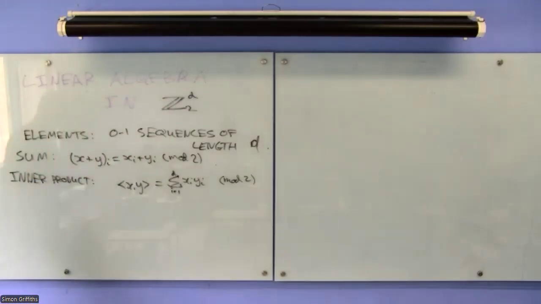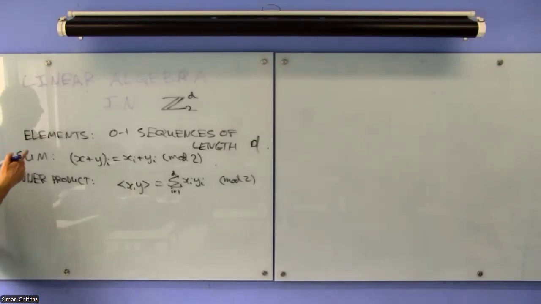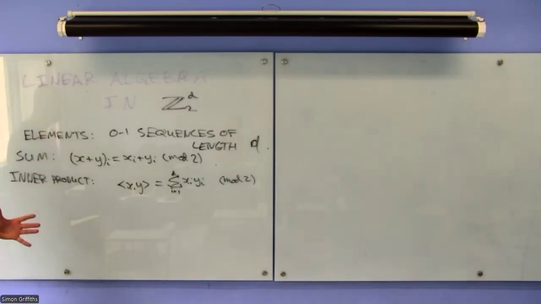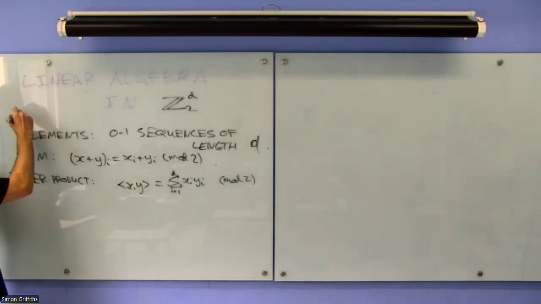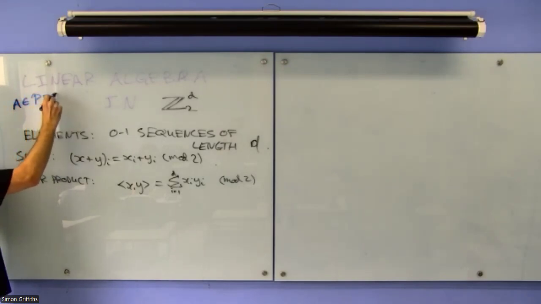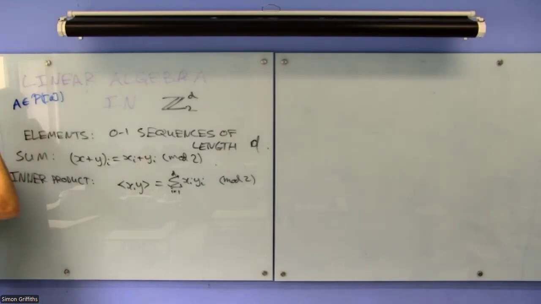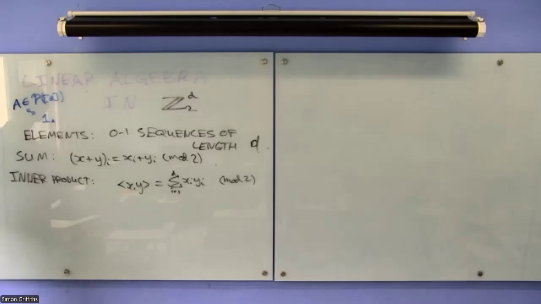Another way of thinking of Z2 to the D is that you can do a bijection with the power set of 1 up to D. A subset of D corresponds to its indicator function, basically saying where are the ones in this vector.